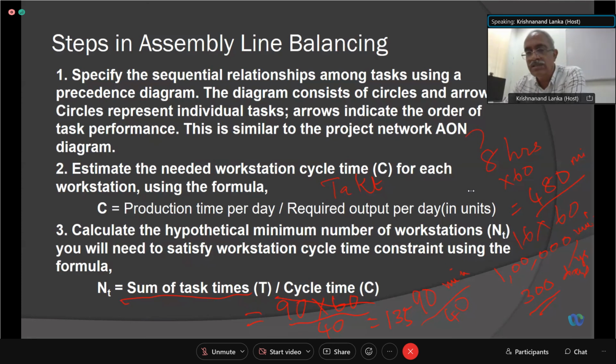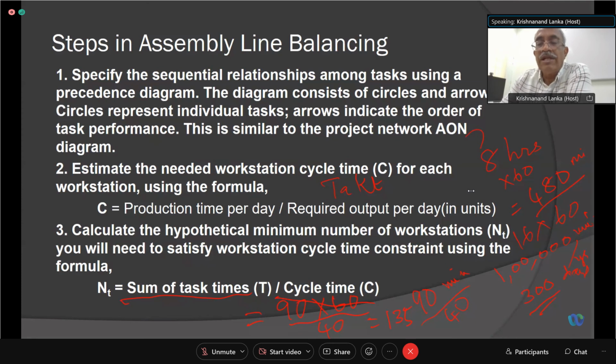So the third step is to calculate the theoretical number. But actually he may be using 140, depending on how he ended up minimizing it. This is an iterative problem.